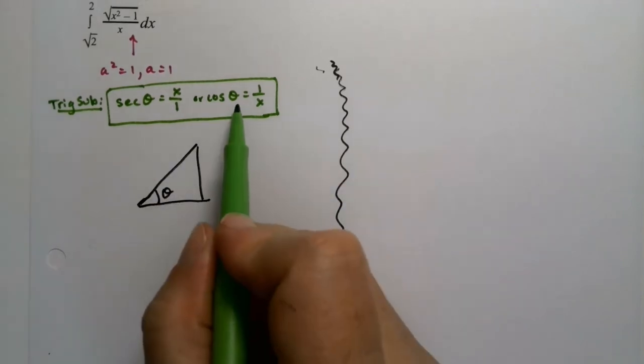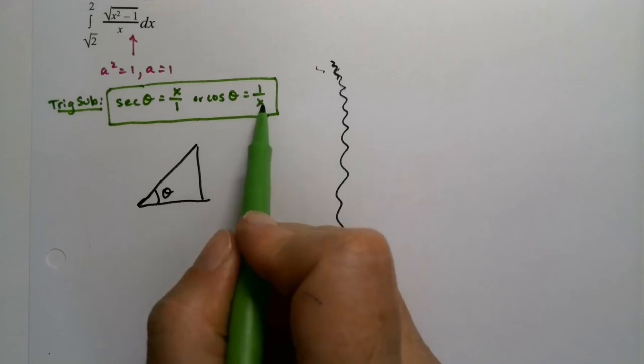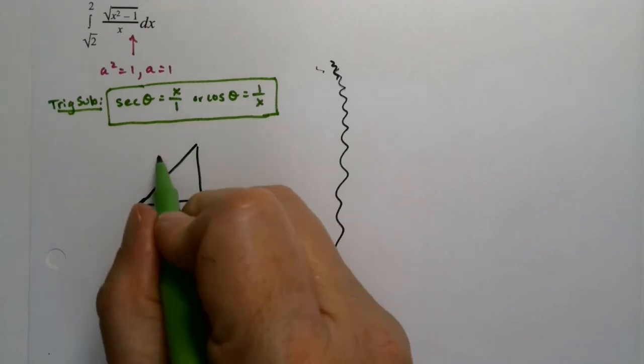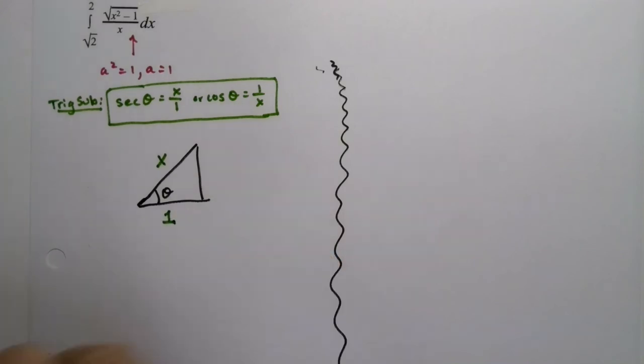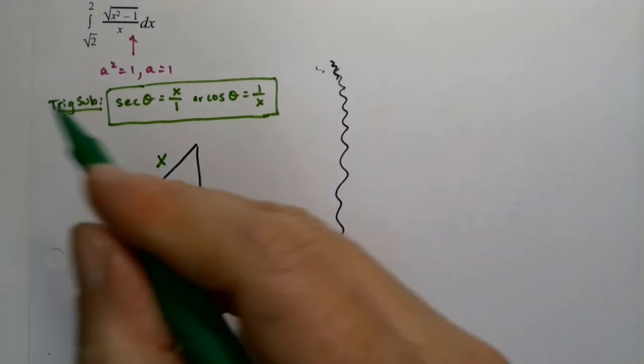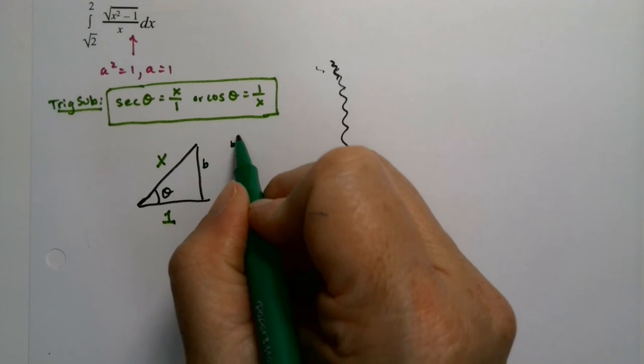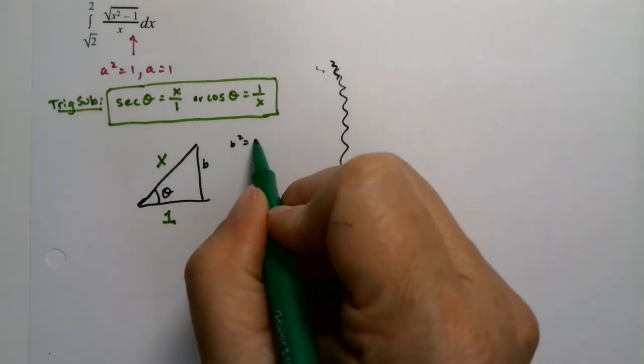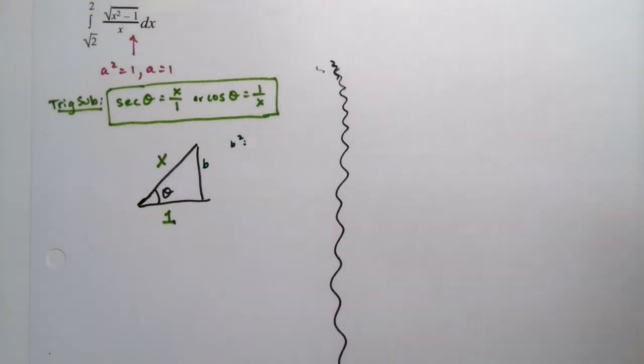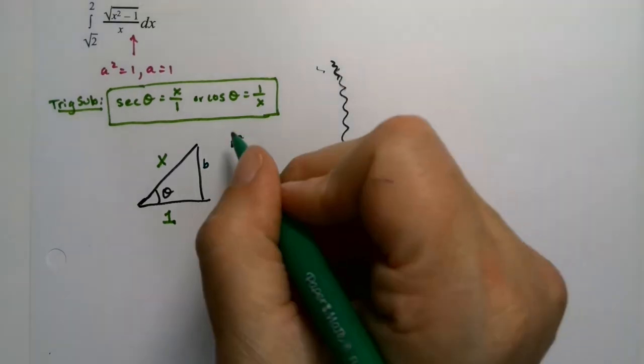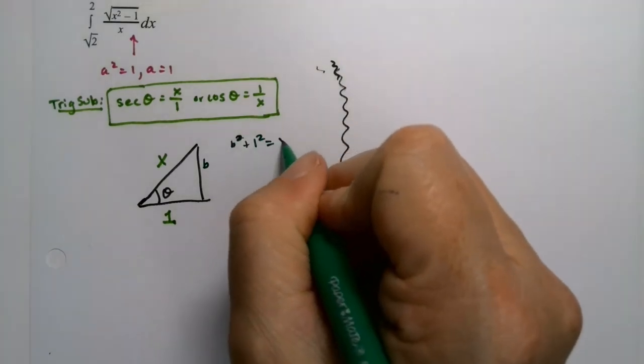We know that cosine is adjacent over hypotenuse, or secant is hypotenuse over adjacent. So this is x and this is 1. That would make this third side, which I'll call b, b squared plus 1 squared would be equal to x squared.